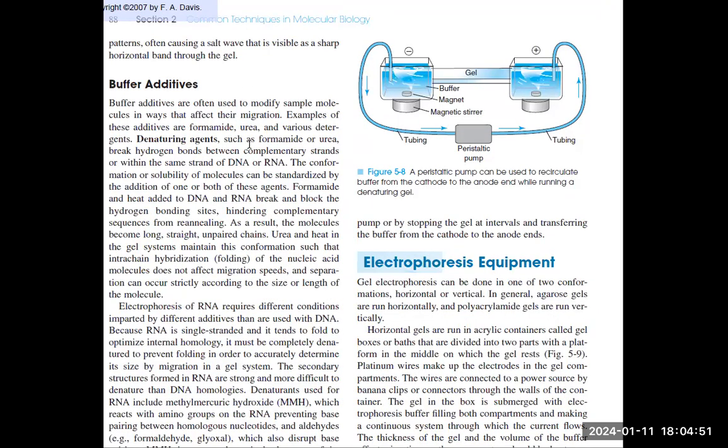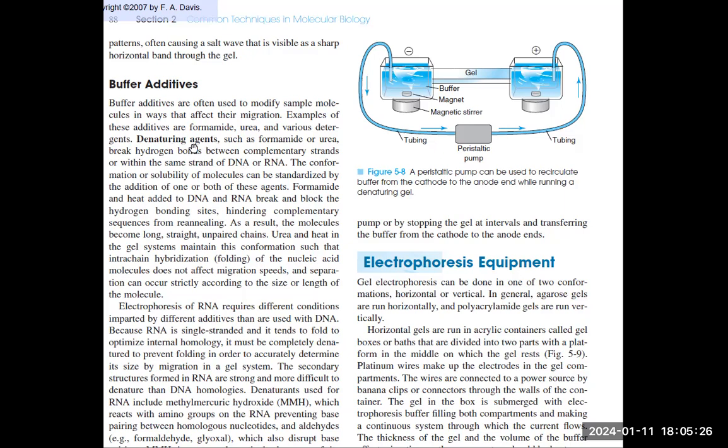Buffer additives. So what's the main point? As I have said, the ideal fragment or sample has to be single-stranded. But if it's not, like in instances where they tend to reanneal or fold into themselves, we need denaturing agents in the form of formamide or urea, because these agents are able to break hydrogen bonds between complementary strands or within the same strand of RNA or DNA.